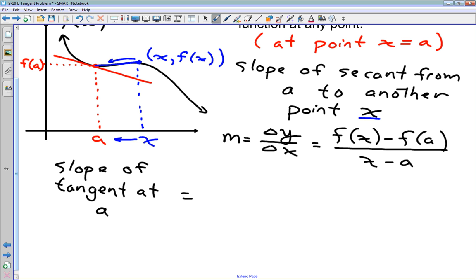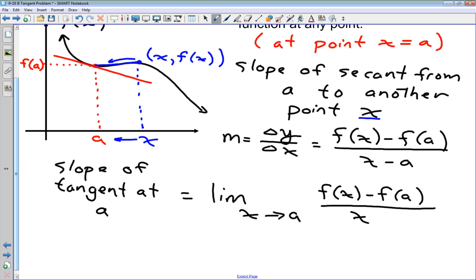So we want to take the limit as we make x closer and closer to a of this formula here for the slope of our secant. So f at x minus f at a all over x minus a. That's what we want to do.